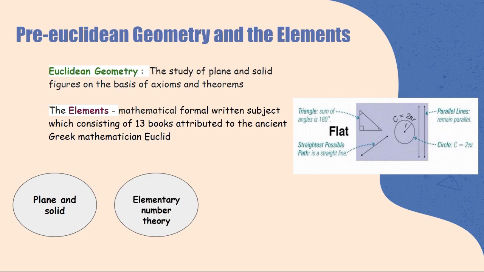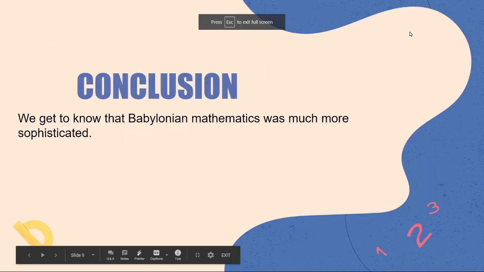The second is elementary number theory, which covers positive integers, negative integers, and whole numbers. And the last one covers the topic of incommensurable lines, which are two line segments whose ratio of lengths is irrational.